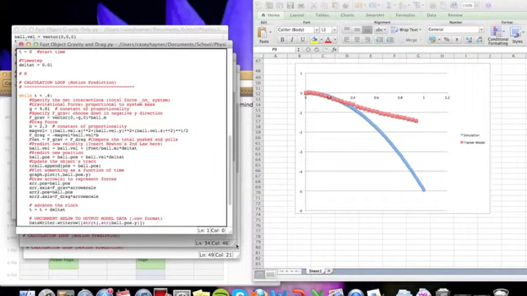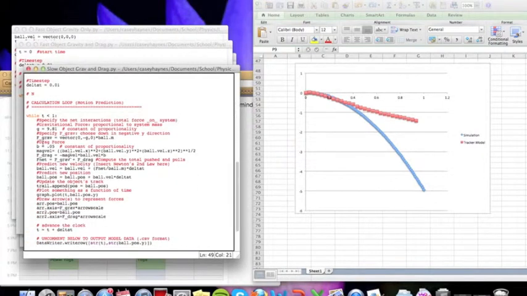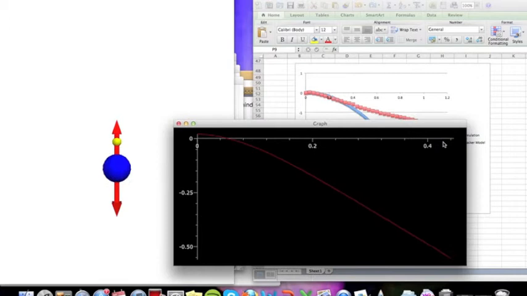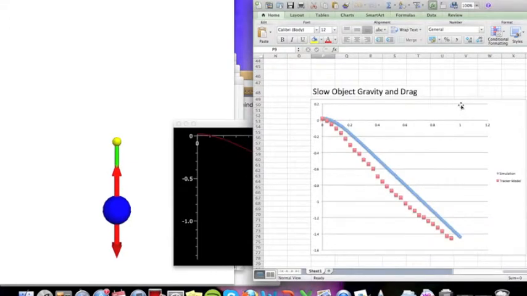So if we include the slow object drag, also notice that the drag force of our object is greater. So again, we have the drag included. F net is F grav plus F drag, and we'll run that module. And you can see from our graph right here that it lines up more with our Tracker observations.